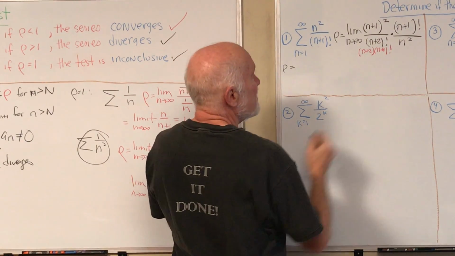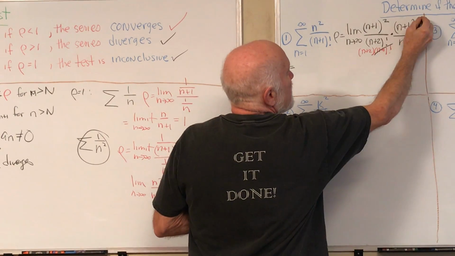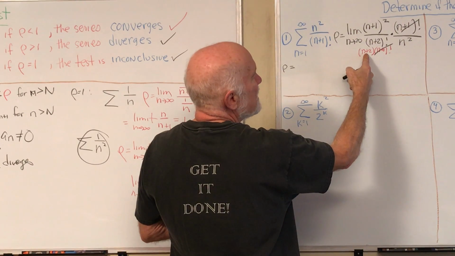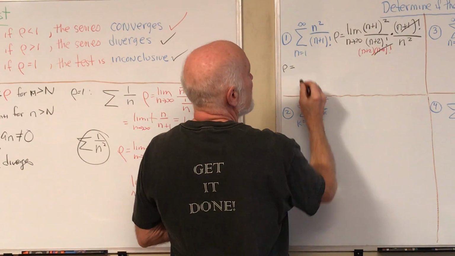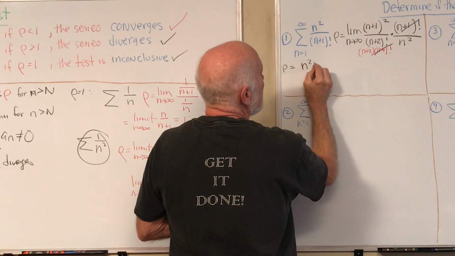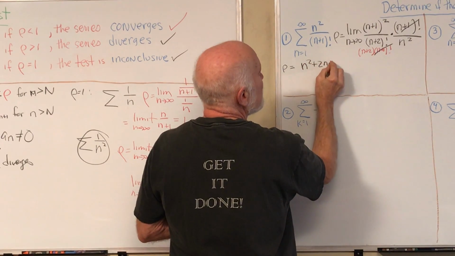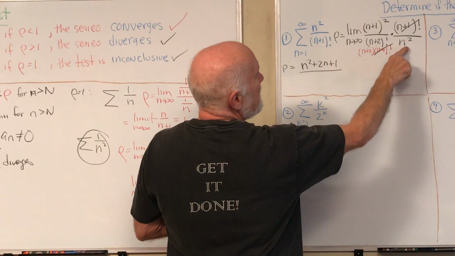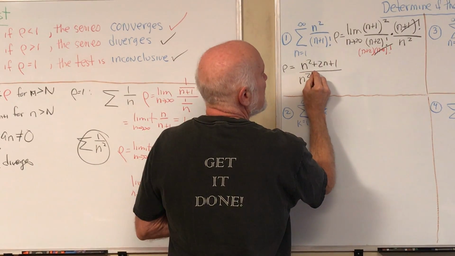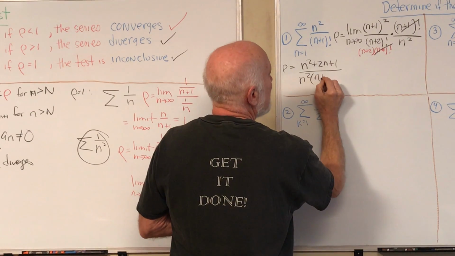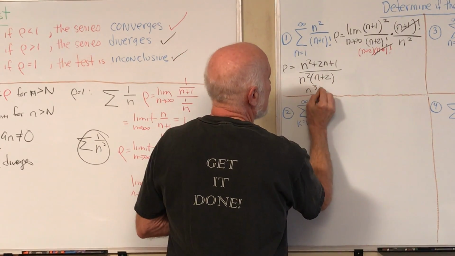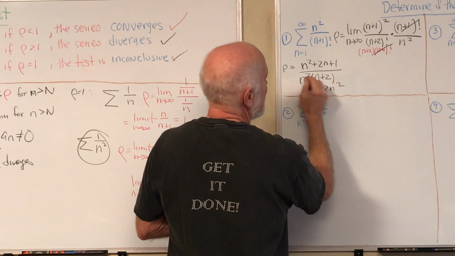So what happens is this cancels with this, and you just get an n plus 2. In the numerator, we have n squared plus 2n plus 1. In the denominator, we have n squared times n plus 2, or n cubed plus 2n squared.